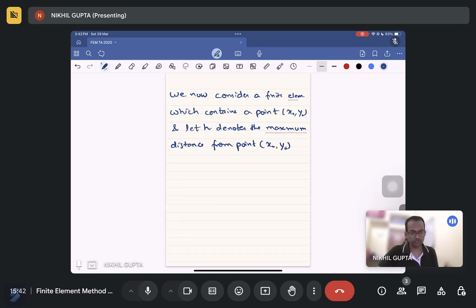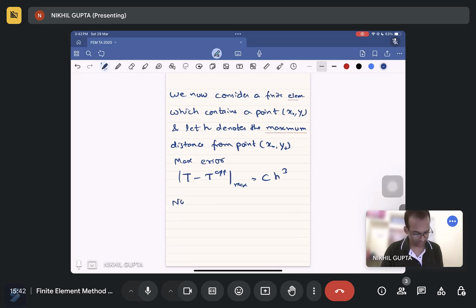So we are assuming the element length as h. Now we have to find the maximum error, which will be T minus T approximate, maximum, c of h cube.